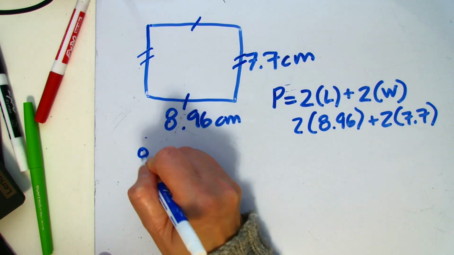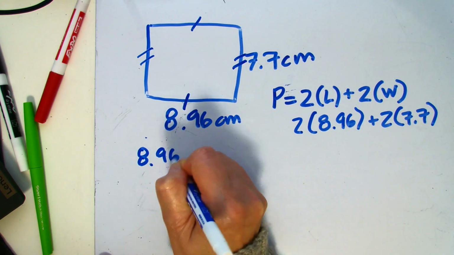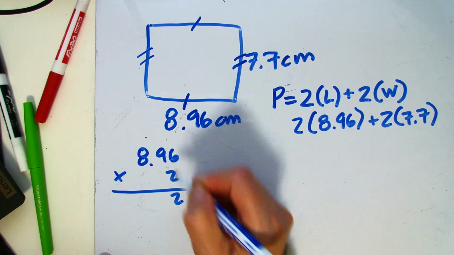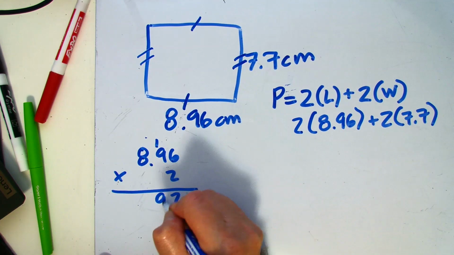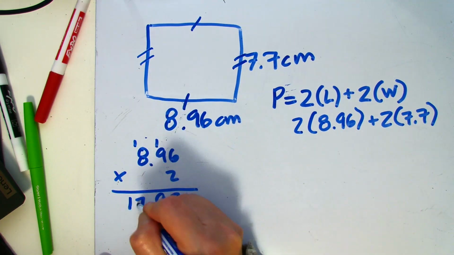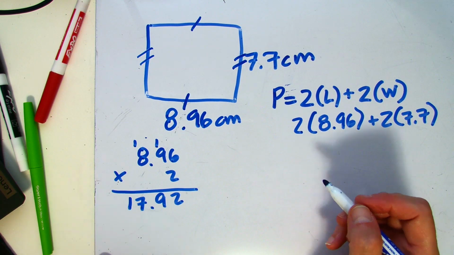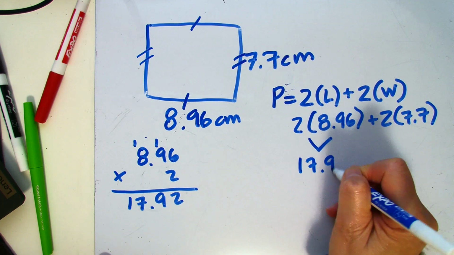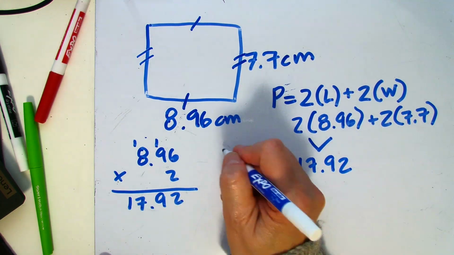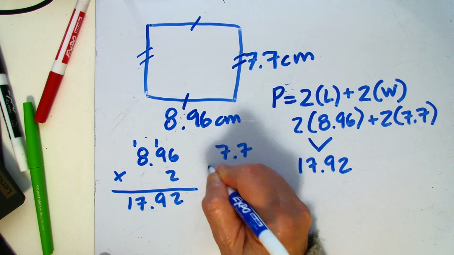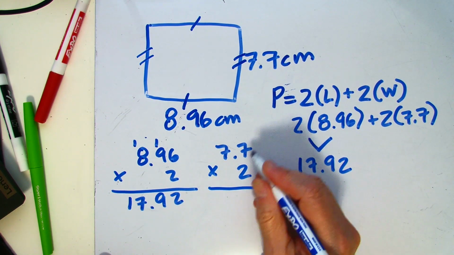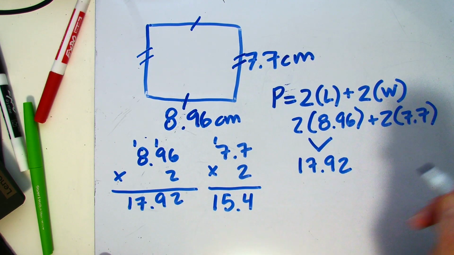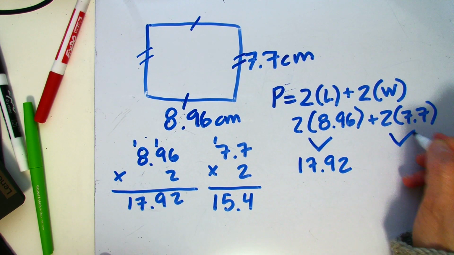So if I go 8.96 times 2, I get 17.92. If I multiply 7 7/10 times 2, I get 15 4/10.